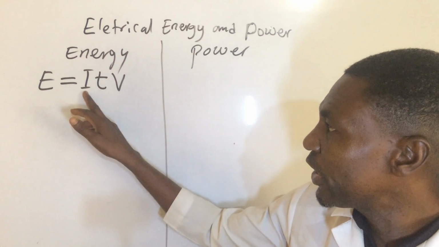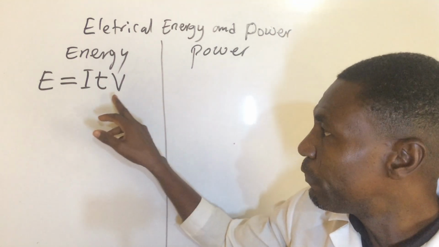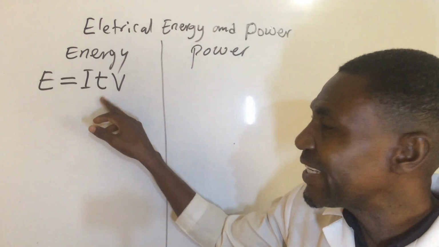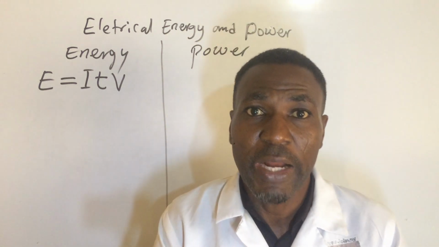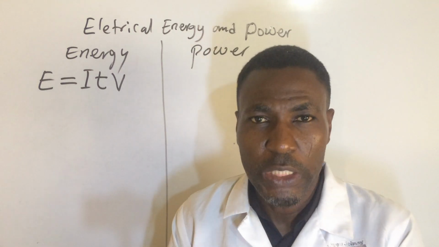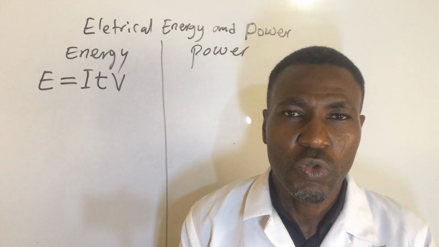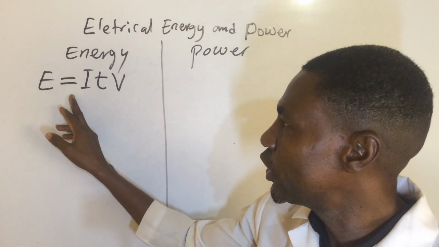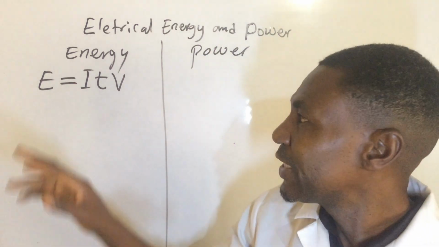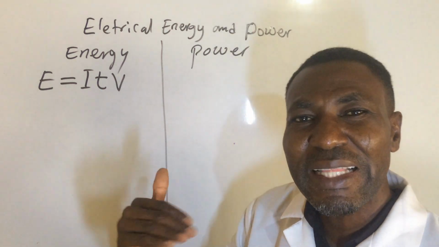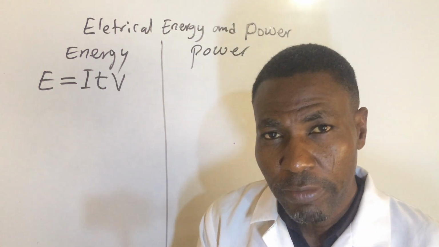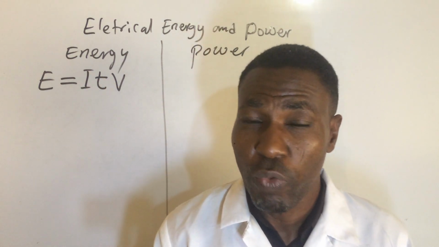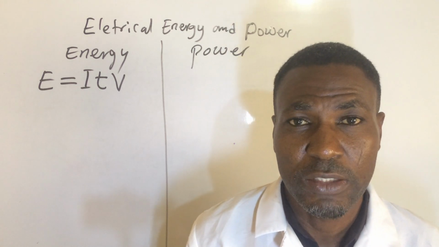So we consider the current consumed, the voltage used, which is 220 in the case of Nigeria, times the time taken for this electrical grinder to do the work. So in the calculation, electrical energy equals the current consumed multiplied by the time taken for this grinder to do the work times the voltage. It's applicable to any other equipment or electrical appliances, right?